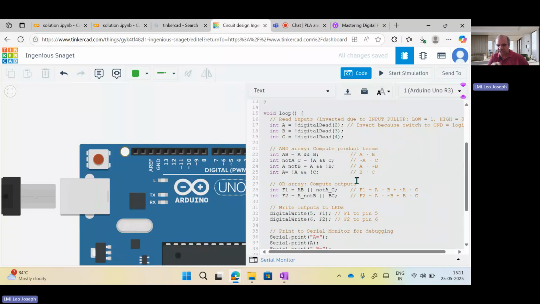Otherwise, this is called oversight. Oversight means there is no top bar. I will put one underscore, and then I will write not A, underscore not C. That is A bar C bar.